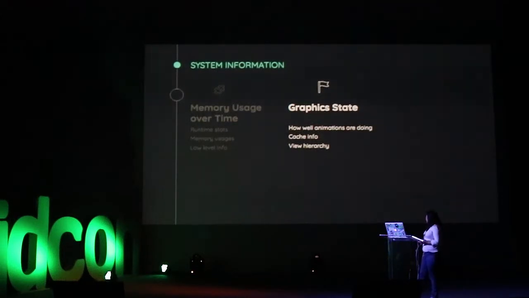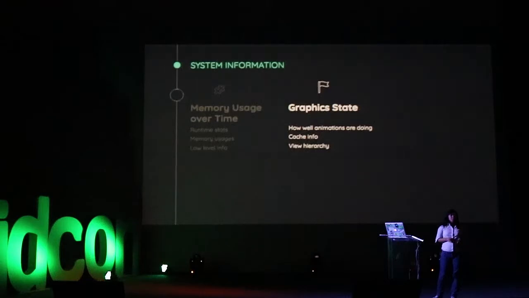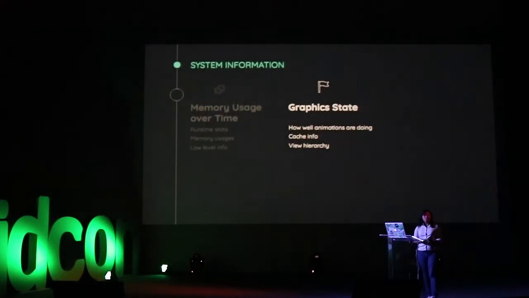So the graphic state can tell you how well your animations are doing. This was particularly useful for me when we were migrating our list views to recycler views, because it shows you how efficient your animations are. Remember that this is a dump at a particular time, right?